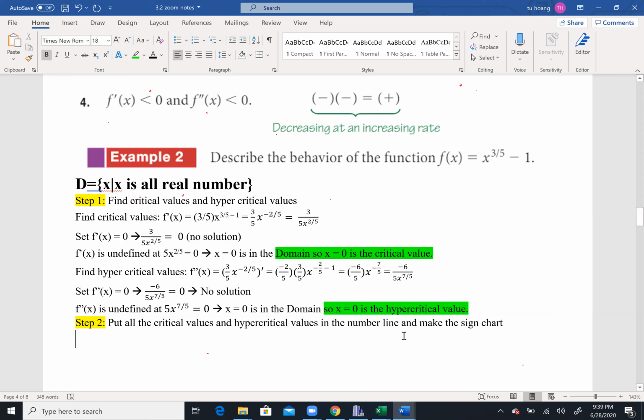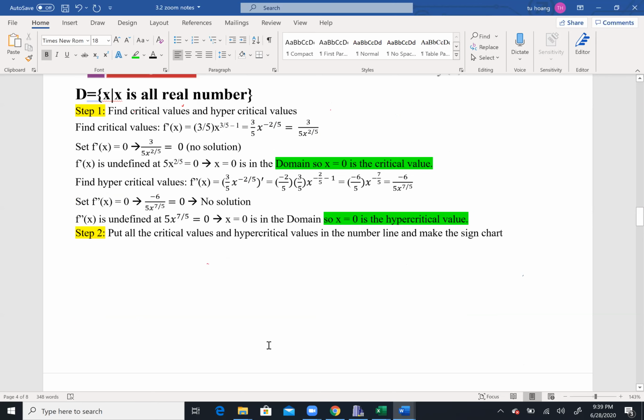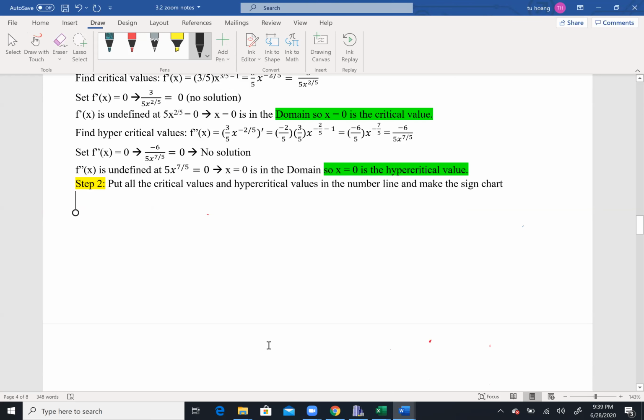Now, step 2, we're going to put these values on the number line and make a sign chart, right? So it's going to be like that. For this problem, it's maybe easier. So it goes from negative infinity to positive infinity, and the middle one is the critical and hypercritical value at the same point, 0.